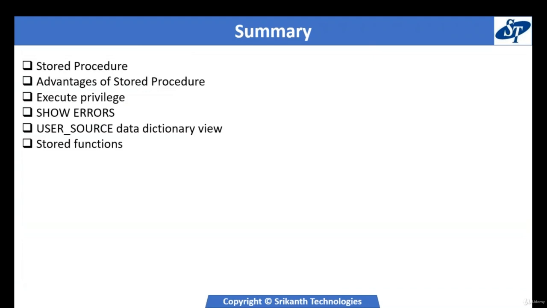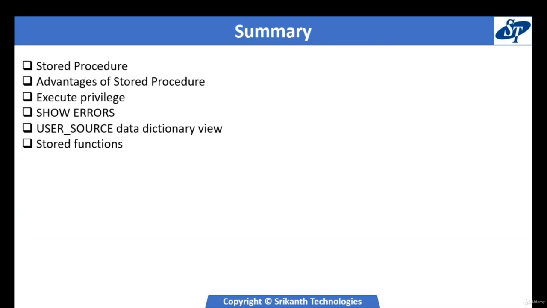We understood you can get errors if you want using show errors, because when the procedure is not created successfully, you don't get all the errors in SQL Plus especially. So we can use show errors to get error messages. And user source is used to get access to source code.